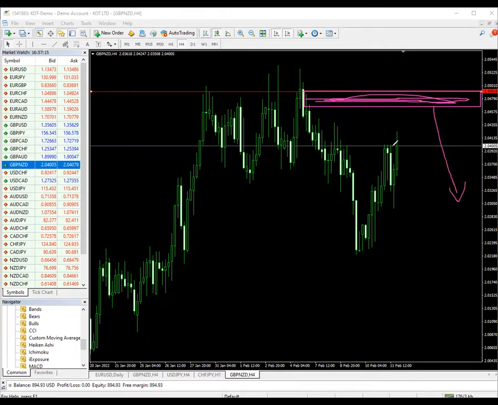Currently it's making its way up. It will come into the zone here, and the zone is between 2.04705 up to 2.0491. So once the trade gets into this zone, you can sell.